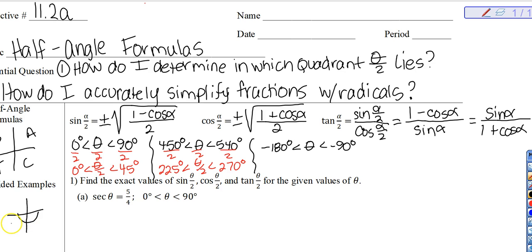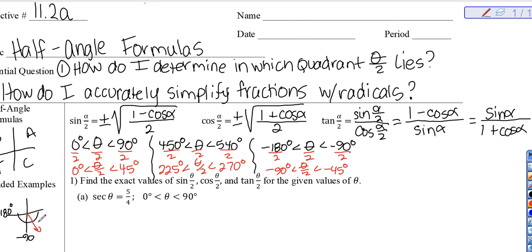Here's negative 180. So where am I? That's quadrant 3. And then if I cut everything in half to find theta's half angle, that would be negative 90 less than theta over 2 less than negative 45.